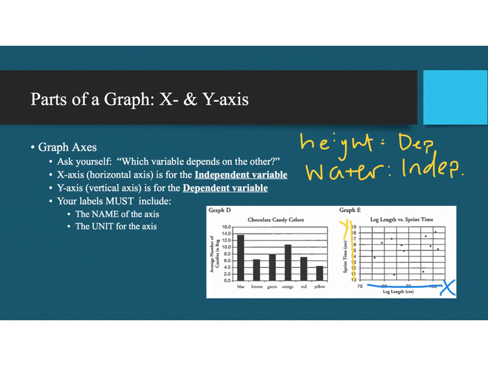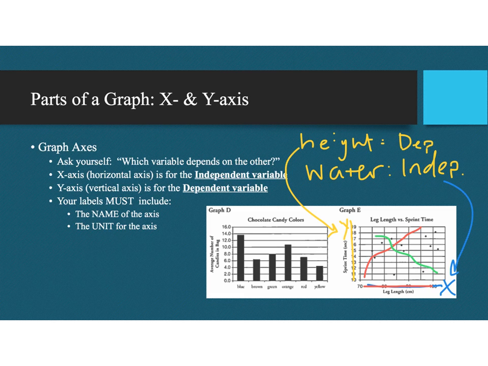So in a graph, you always put the independent variable on the x-axis. Okay, so our water would go on the x-axis, and our height, our dependent variable, would always go on the y-axis. That way you can clearly see that as something increases, are you going to see an increase of what's going on, or will you see a decrease? It'll be nice and easily shown.